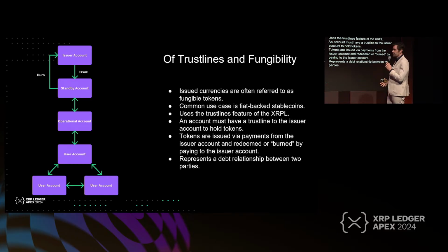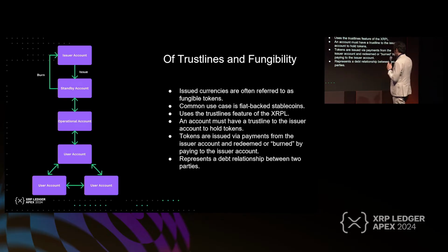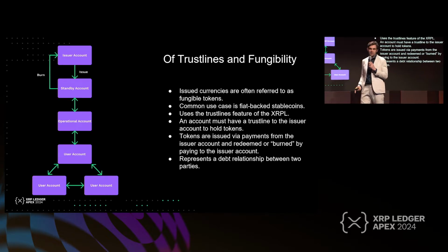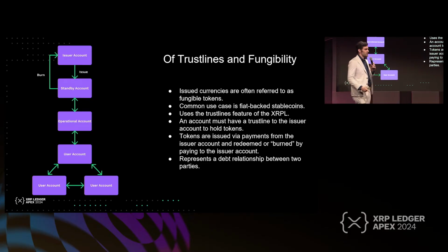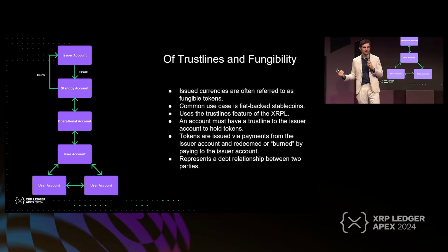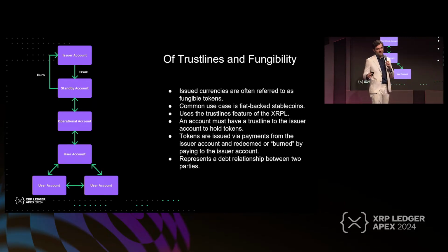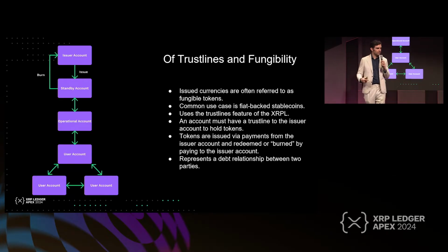A common use case for these is fiat-backed stablecoins. It uses the Trustlines feature of the XRP Ledger. An account must have a trust line to the issuer in order to be a holder of tokens. And tokens are issued via payments from the issuer account to another account, and they're redeemed or burned by making a payment from one of those accounts back to the issuer.